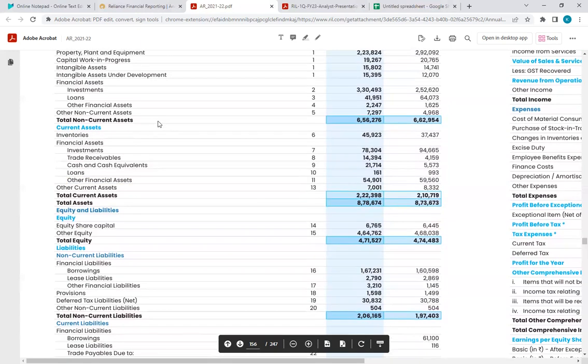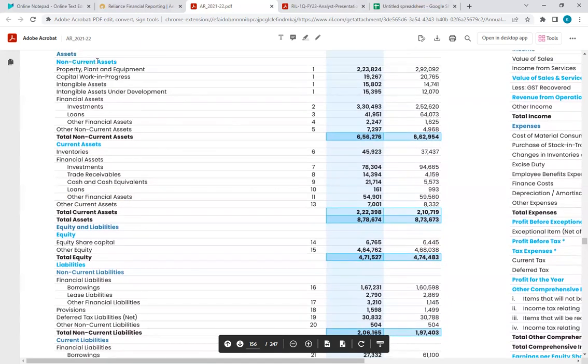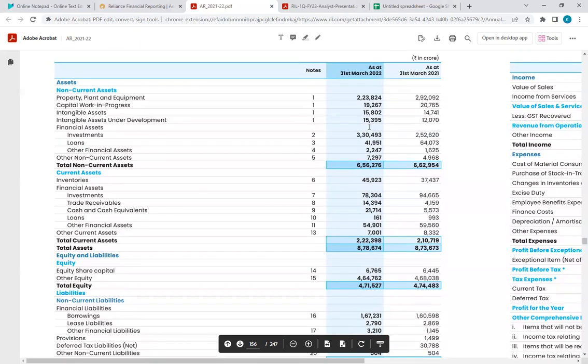So in total, what is happening? Total non-current assets is 6,56,000 and total current assets is 2,22,000. Combining both non-current and current assets, we get total assets of 8,78,674 for the year 2022.